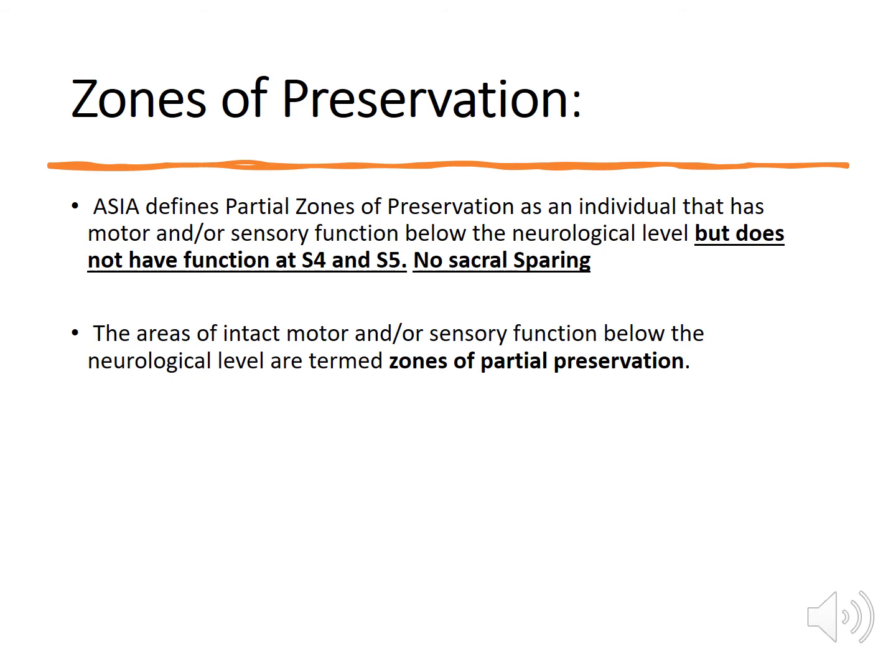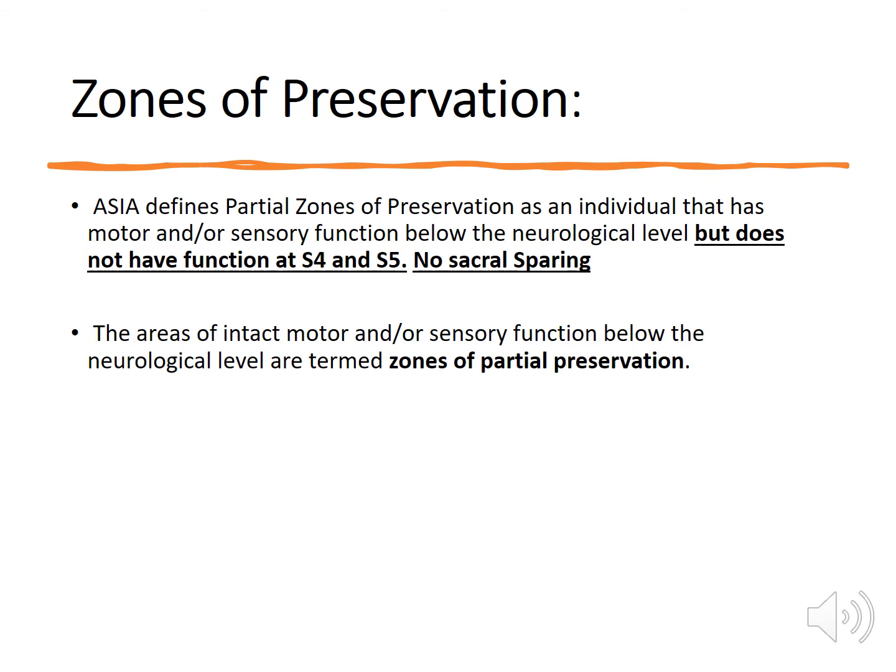Now, if an incomplete injury has motor and or sensory function below the neurological level, but it does not have sacral sparing, then the areas below the neurological level are going to be called zones of preservation, or your book calls them zones of partial preservation.